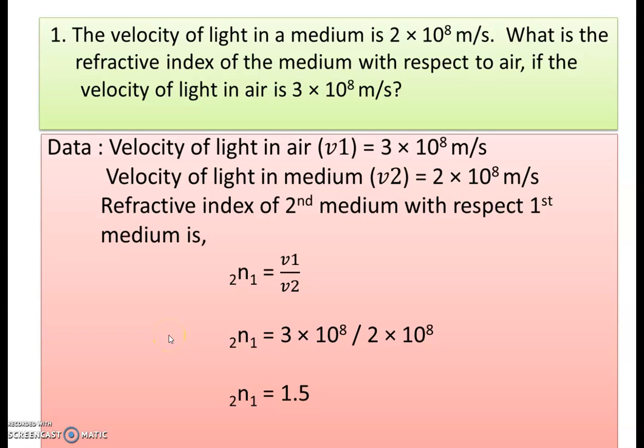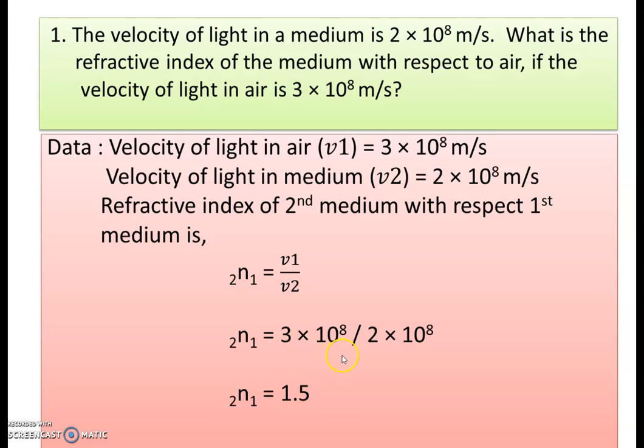From the data, we will put the values in the formula. Velocity of light in air is 3 into 10 raised to the power 8 divided by velocity of light in medium, which is 2 into 10 raised to the power 8. 10 raised to the power 8 and 10 raised to the power 8 cancel.